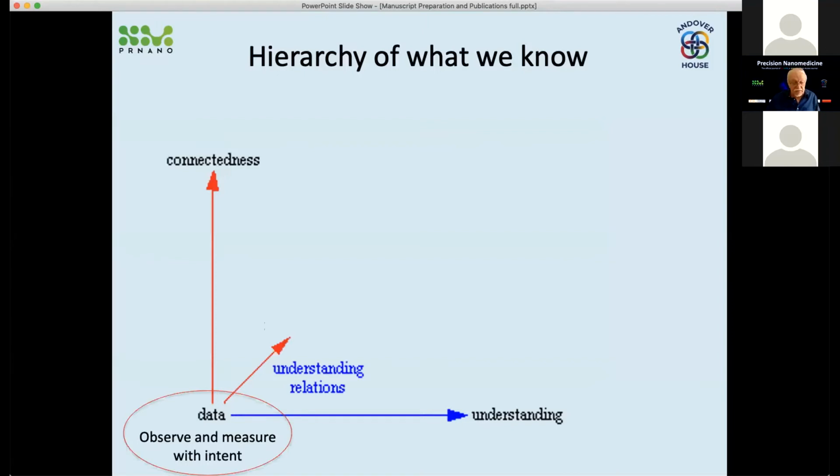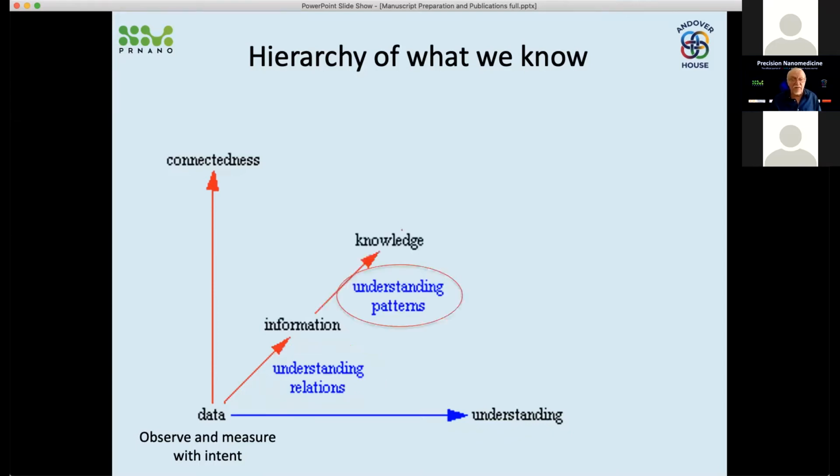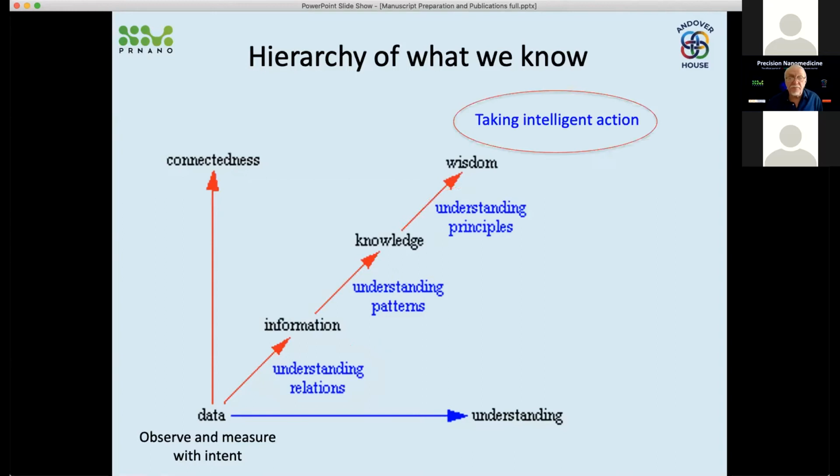First you generate data, and we need to understand the relations between the data. Then we have information: if we understand how these data relate to each other, we have a piece of information. If we understand the patterns between the different kinds of information coming from different directions, we have knowledge. And if we understand the principles, we get skills, applicable knowledge, things that you can do, which I call wisdom. And wisdom allows us to take intelligent action.